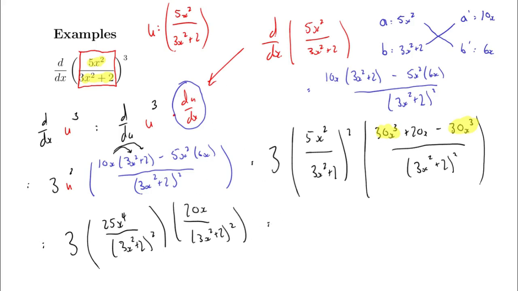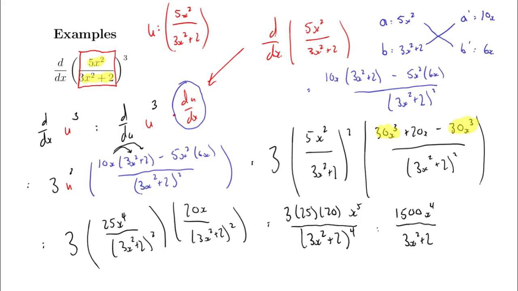That gives me 3 times 25 times 20, x to the 5th, over 3x squared plus 2 to the 4th. Let's see, what's 3 times 25 times 20? That's 75 times 20. 75 times 2 is 150. Multiply that by another 10, and that's 1,500 x to the 4 over 3x squared plus 2 to the 4th.